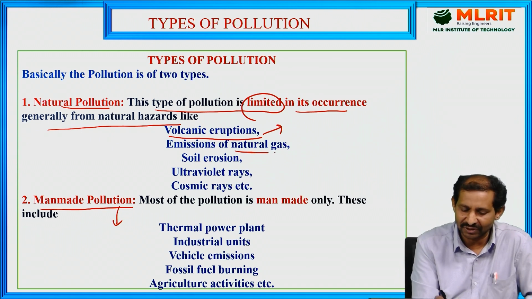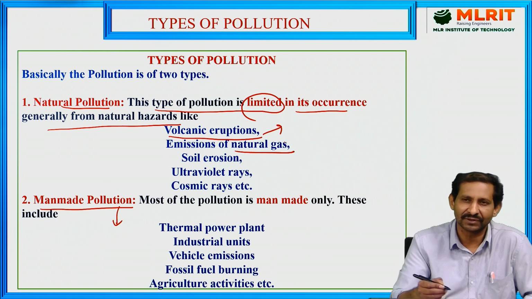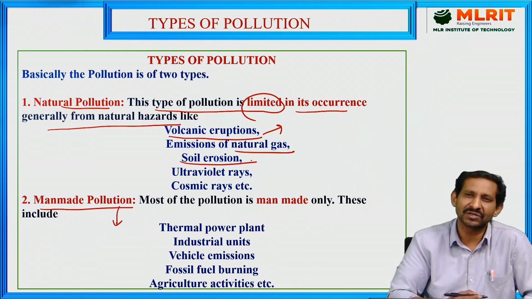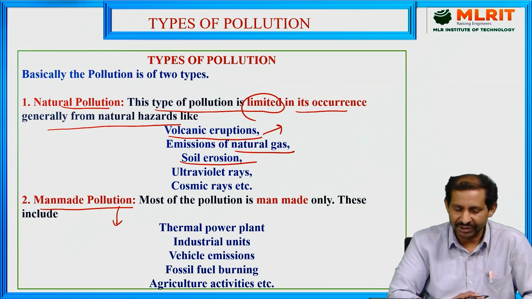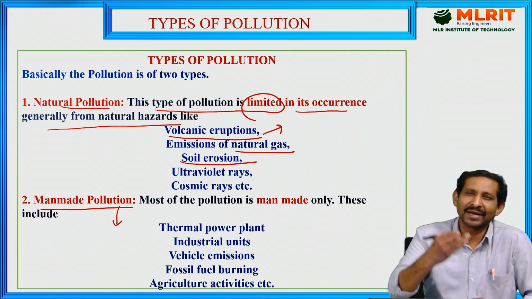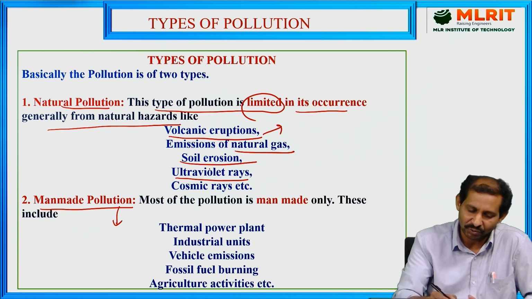Emissions from natural gas also cause natural pollution. Soil erosion, when the top layer of soil is eroded or removed by nature itself, sends dust particles into the atmosphere and air pollution is created. Ultraviolet rays are also related to air pollution.